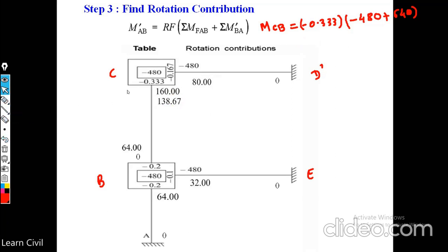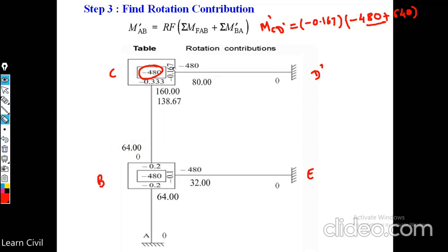Okay. Next, we have to find out the rotation contribution for member CD dash. So rotation contribution for member CD dash will be equal to rotation factor minus 0.167 into summation of fixed moment, that is minus 480, plus rotation contribution at far end, that is this 64.